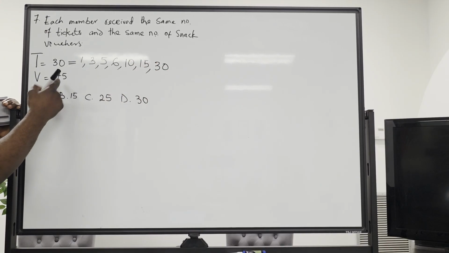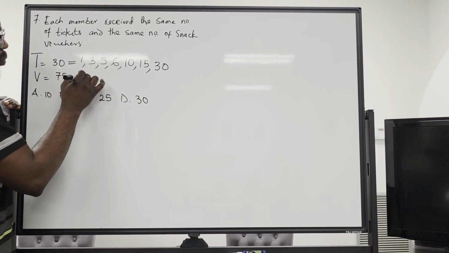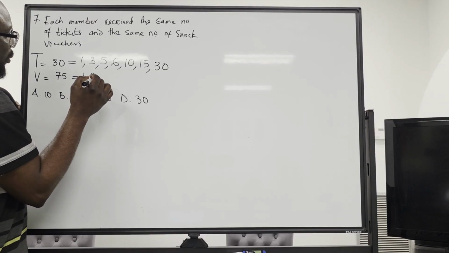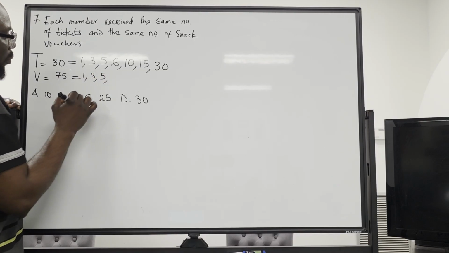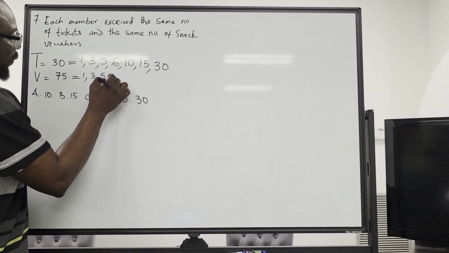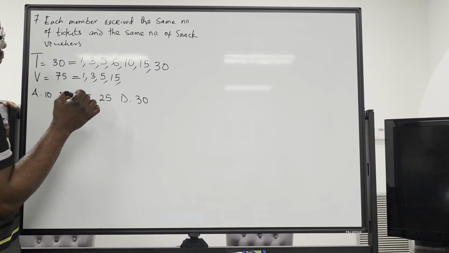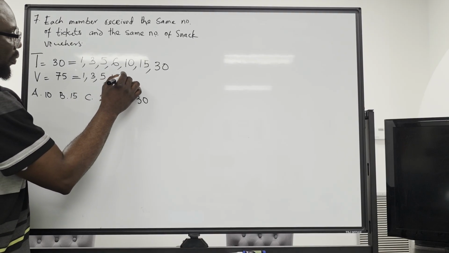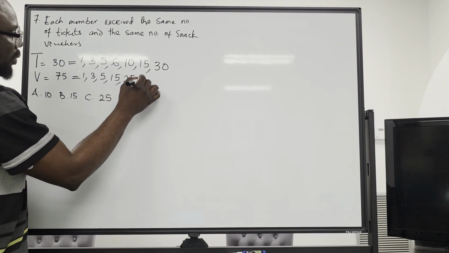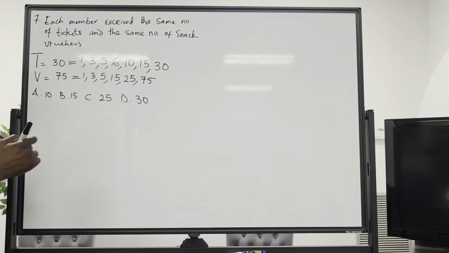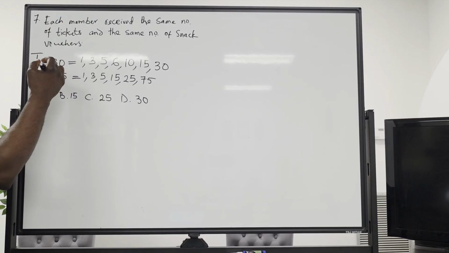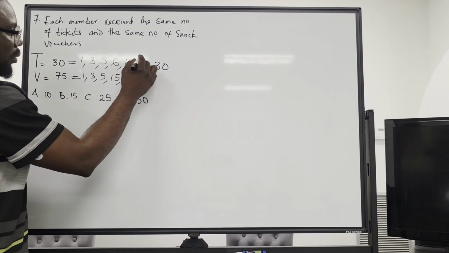And the factors of 75, which is common, are 1, 3, 5, 15, 25, 75. So the number that is common to both the tickets and the vouchers is 15.